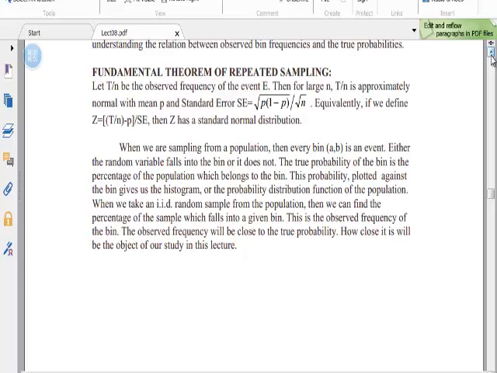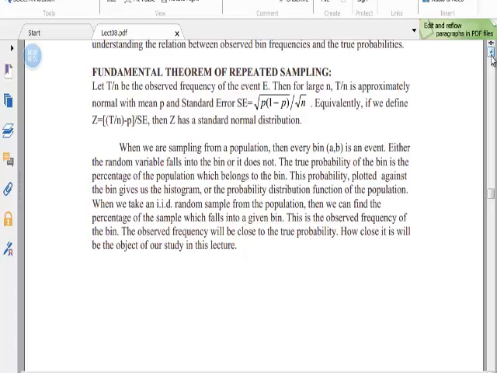So the observed frequency of the event E, recovery from disease, is 65%. Then our central limit theorem says that T over N is approximately normal with mean P and standard error equal to square root of P times 1 minus P over square root of N.